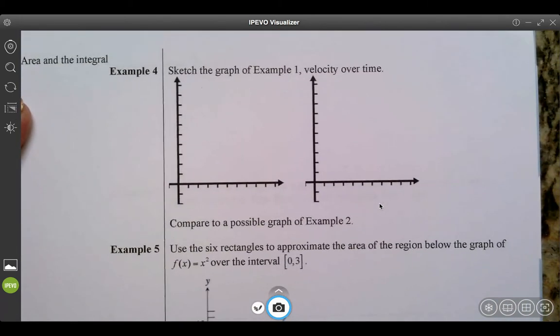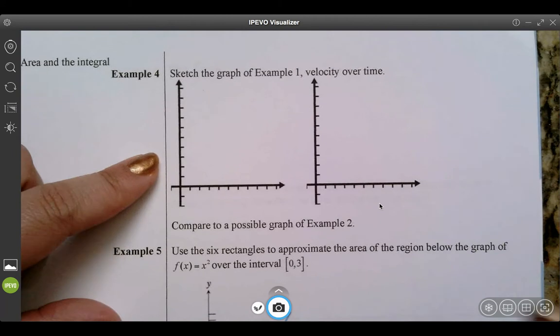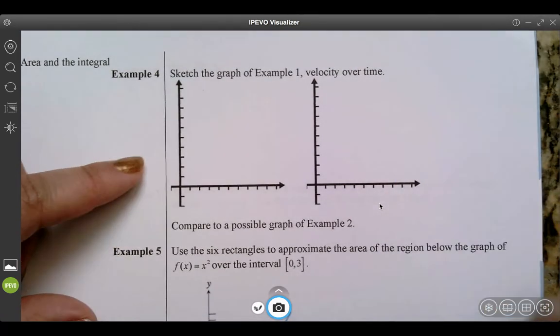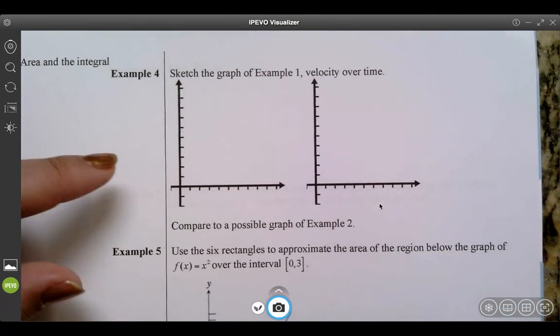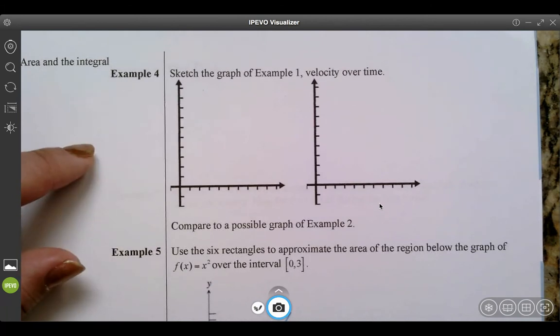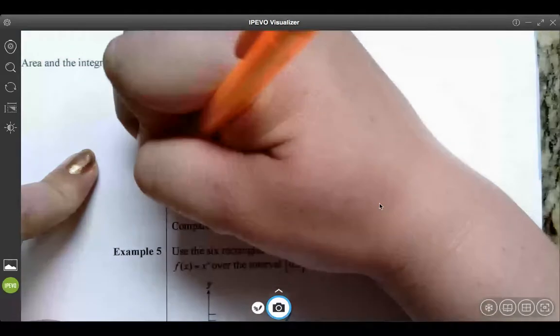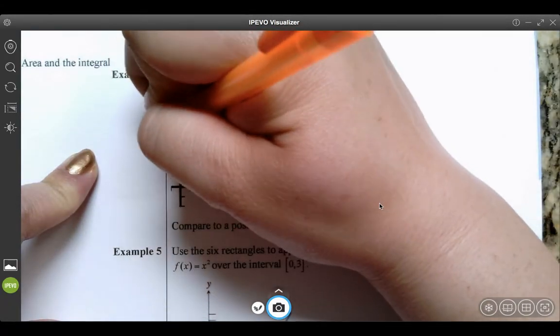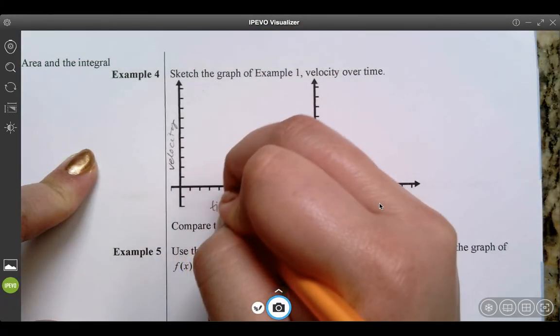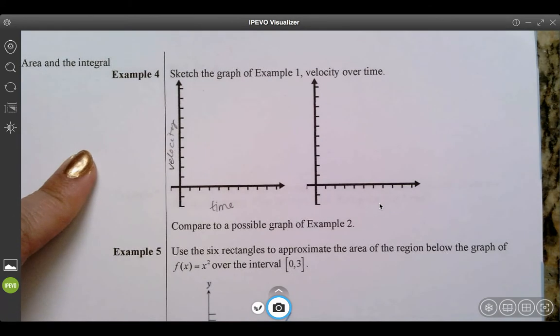To start with, we need to graph distance and time, but we don't have distance as a piece of information, so really what we're graphing is velocity over time.